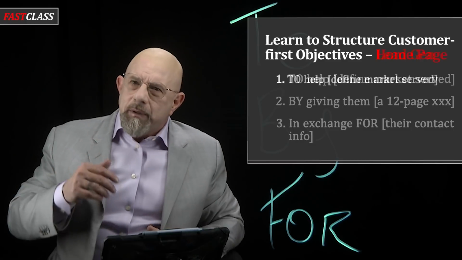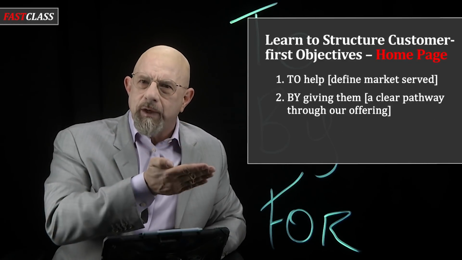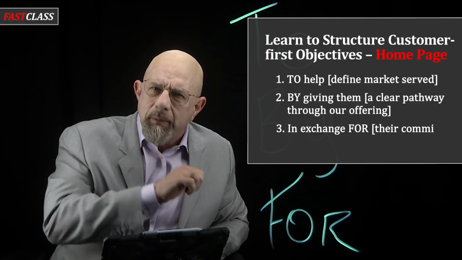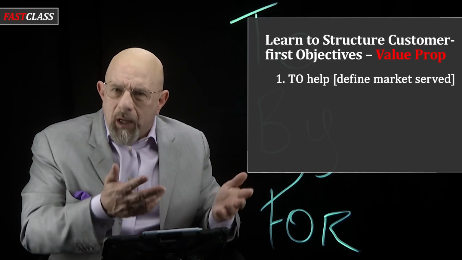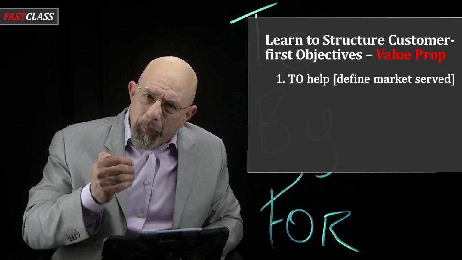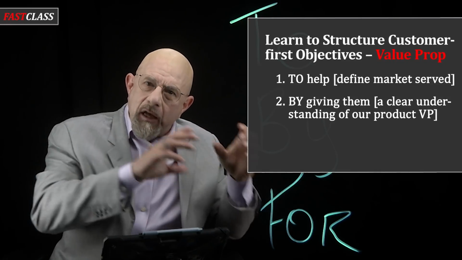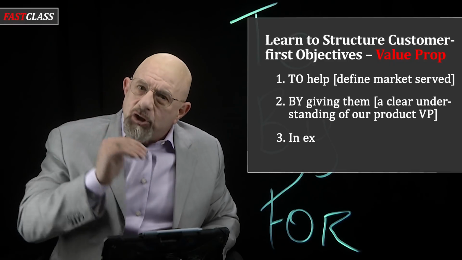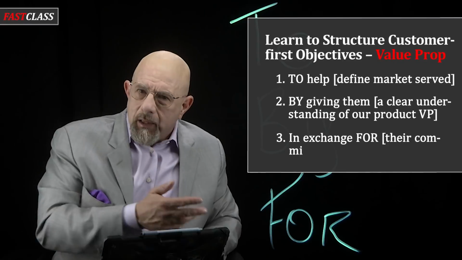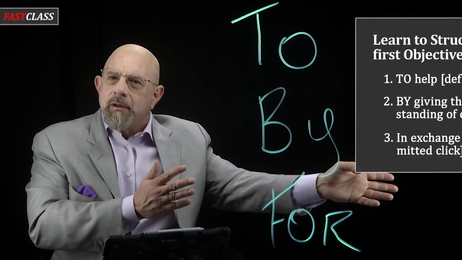Well, then it might be like this, to help by giving them a clear pathway through our offerings in exchange for their committed click. Finally, you might be trying to sell a subscription or a product. So again, it would be to help, and then again, by giving them a clear understanding of our product value proposition. That's different than your primary. In exchange for their committed click. That click moves them into the purchase process.